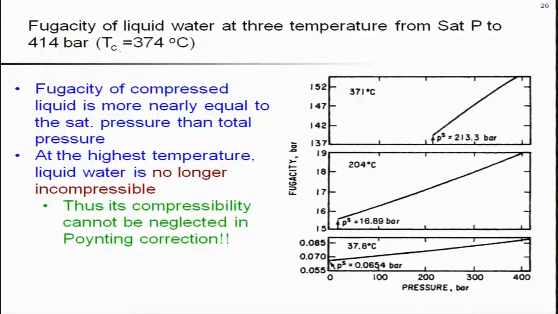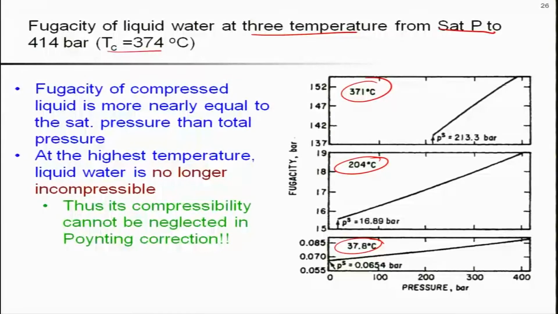Now, Tc for water is 374 degrees Celsius, and what we are varying is the pressure, from saturation pressure to 414 bar. So let us look at this here. This is the very high temperature, intermediate temperature, and low temperature.